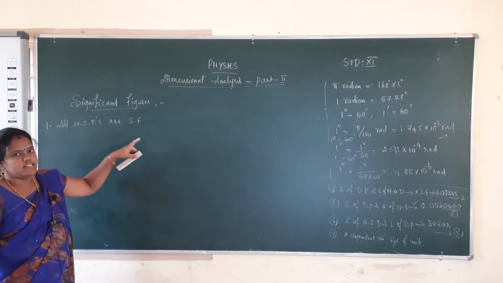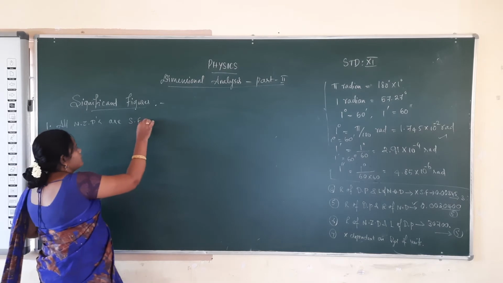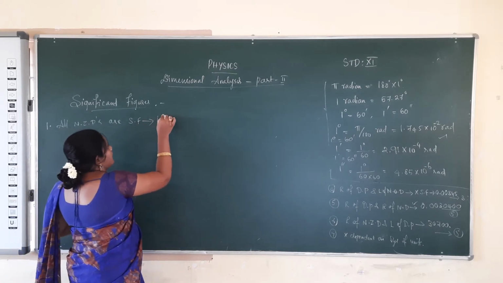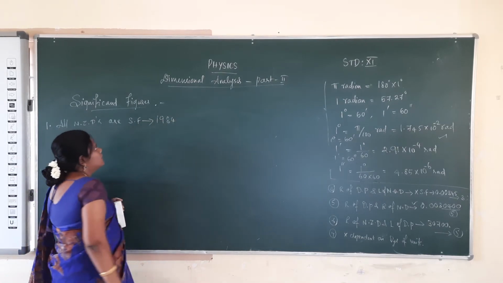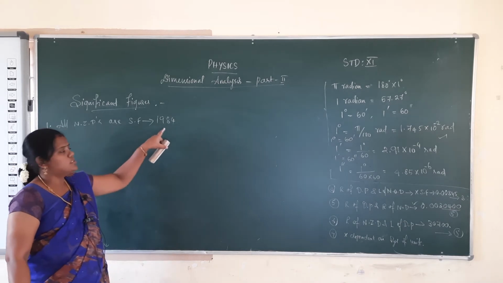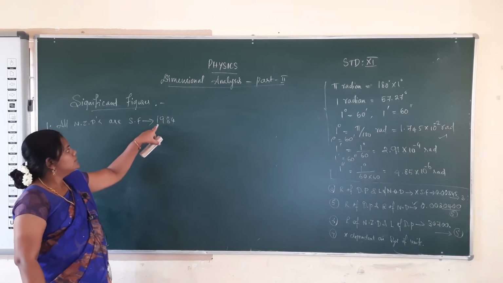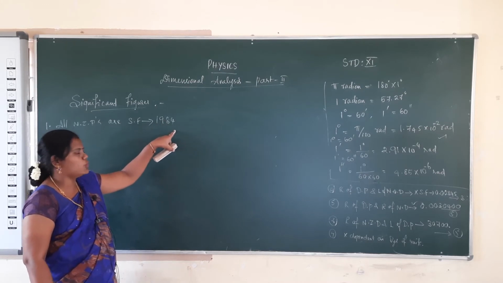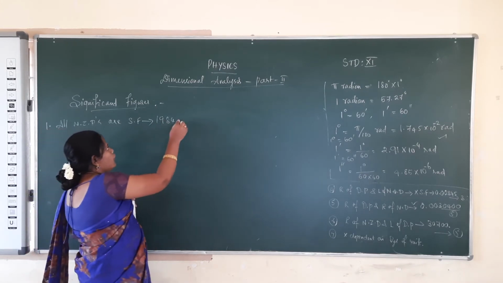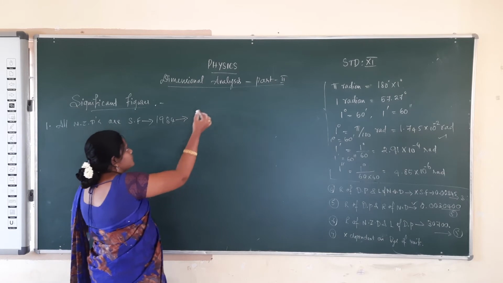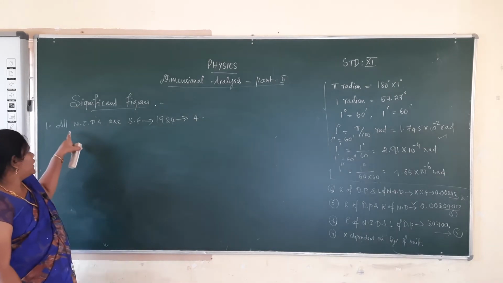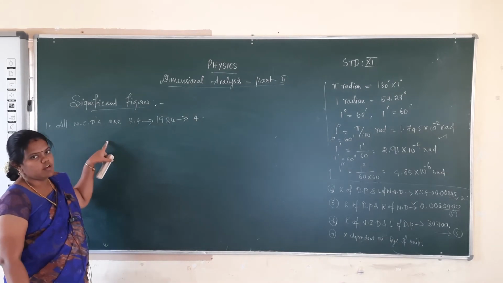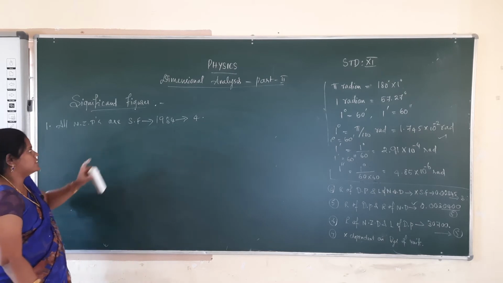For example, 1984, the year number. 1 is a meaningful digit, 9 is meaningful, 8 is meaningful, 4 is also meaningful. So the 4 meaningful digits give 4 significant figures. Any non-zero digit is a significant figure. Okay, this is the first rule.